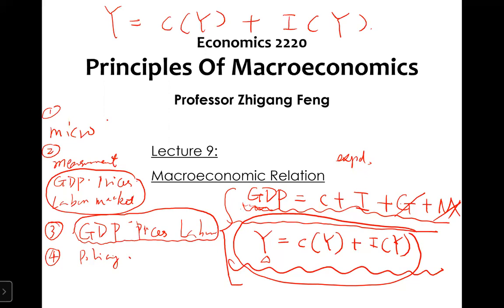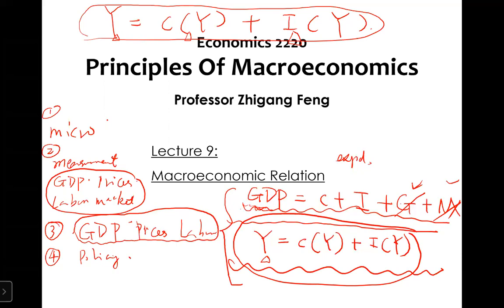Okay, so this equation says a lot regarding what we are going to learn in this module. First, it tells us that GDP is going to be determined by consumption and investment. Yes, we have G and NX, but for now, let's just say they are exogenous or they do not exist. Just remind yourself how we discussed GDP. We started with a simple flow chart diagram without government and without the rest of the world.